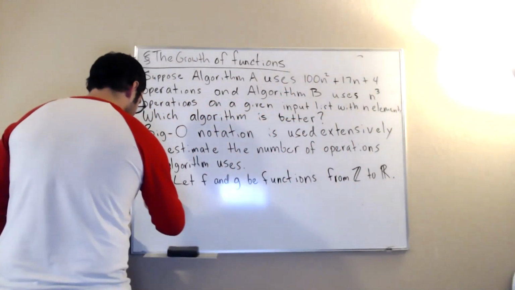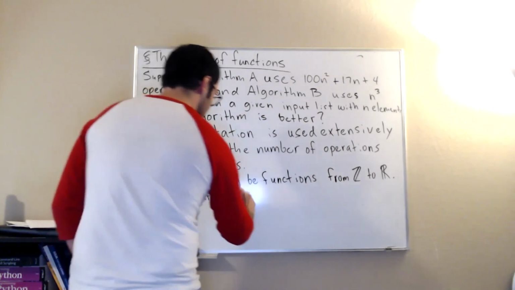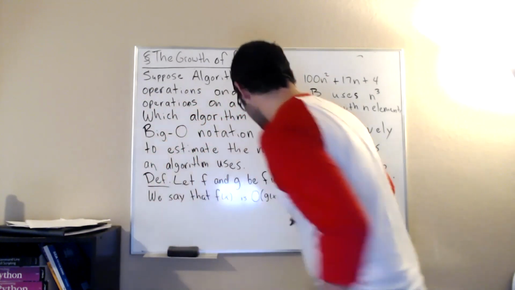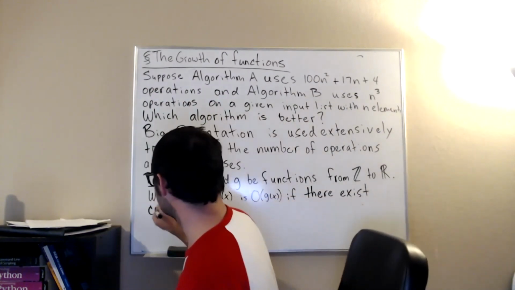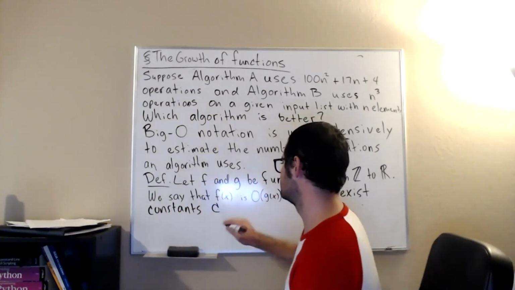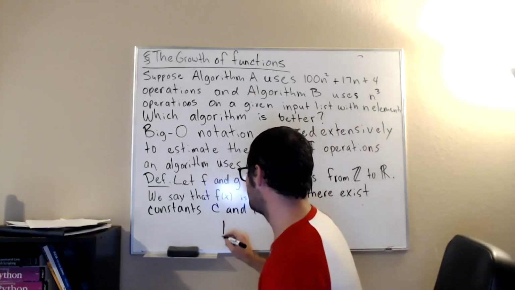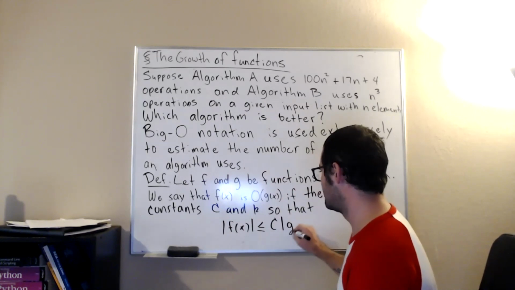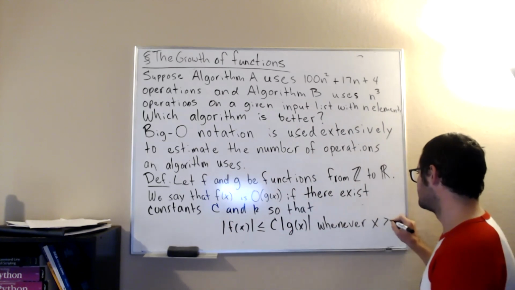Okay, so we say that f of x is big O of g of x if there exist constants, say C and K, so that the absolute value of f of x is bounded from above, is less than or equal to C times the absolute value of g of x whenever x is greater than k.